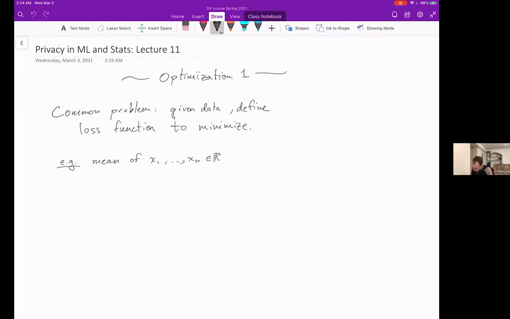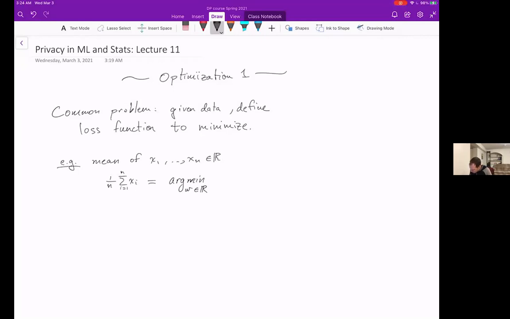We can think of the mean as computed as a sum. It's of course this quantity. But it turns out it's also the following quantity. It is the minimizer over all w on the real line.